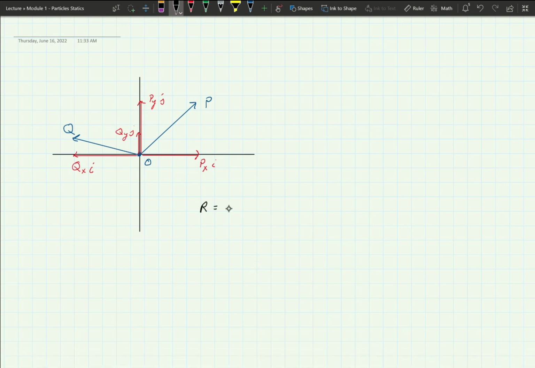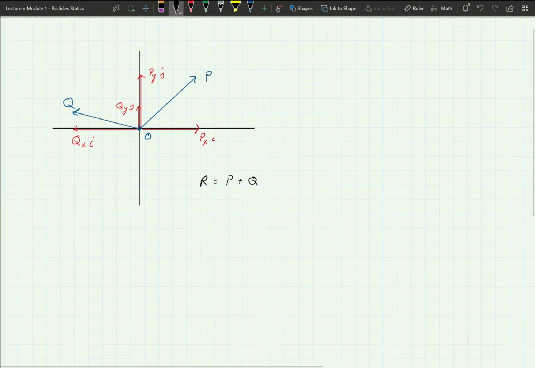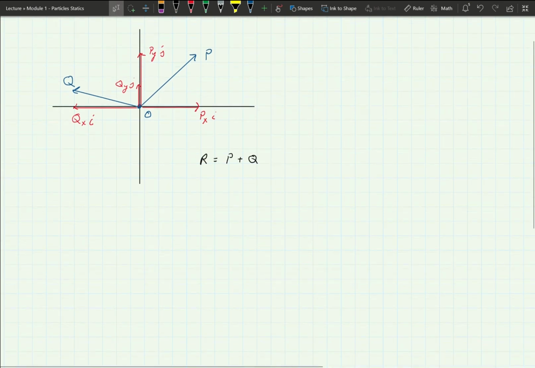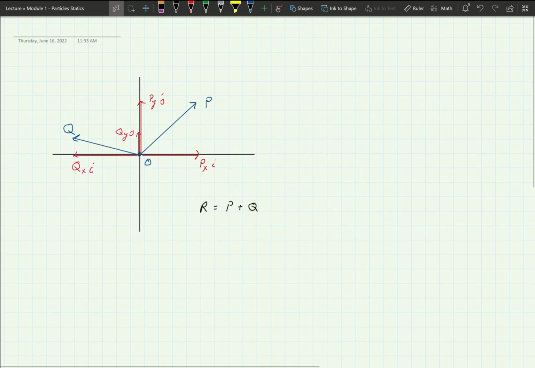R is equal to, the resultant of these two vectors is equal to P plus Q. That'll give us where things are going and help us define the resultant vector of P and Q. If I was to guess, it's probably up in that portion of the quadrant, someplace where we terminate.